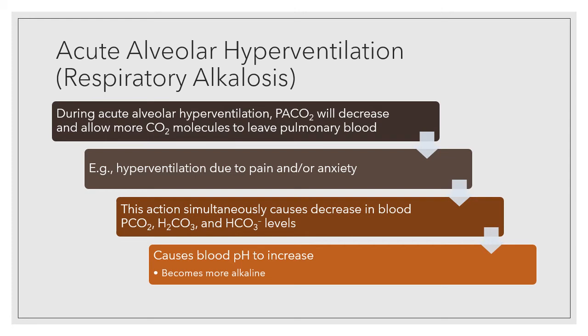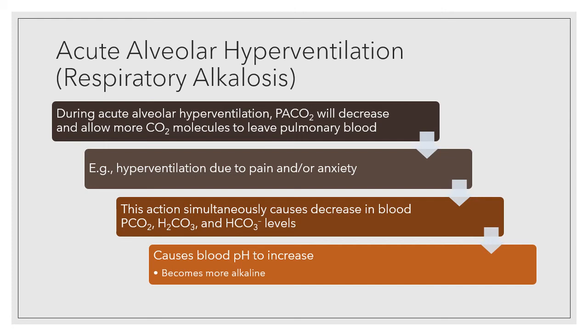So let's talk about alkalosis, in particular respiratory alkalosis. This happens with acute alveolar hyperventilation or a rapid respiratory rate. During acute alveolar hyperventilation, the alveolar CO2 diminishes and allows more CO2 molecules to leave the pulmonary blood.